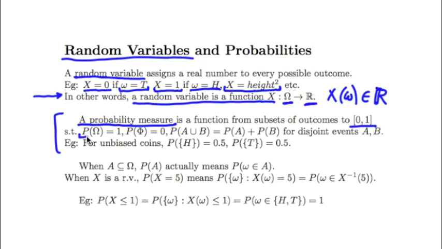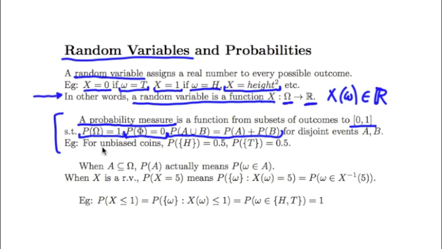These properties are that the probability of the whole set, the probability of the entire sample space omega, is 1. The probability of the null set represented by phi is 0. And the probability of A union B, that is the probability that A or B happens, is the probability of A plus the probability of B for disjoint events A and B.